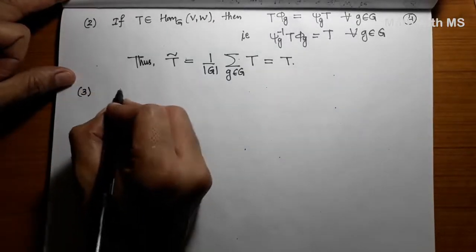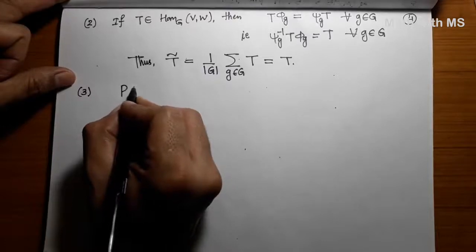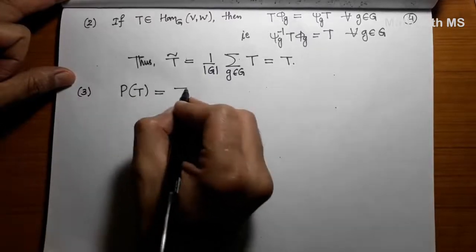The third one is also obvious because you are defining P of any T to be T tilde.